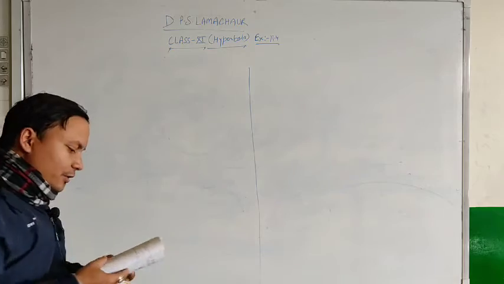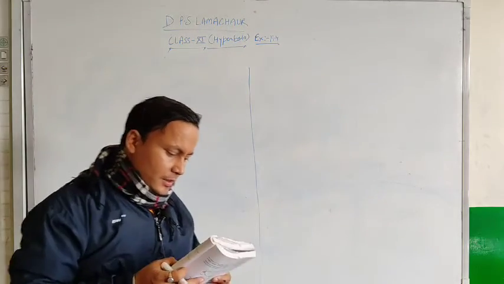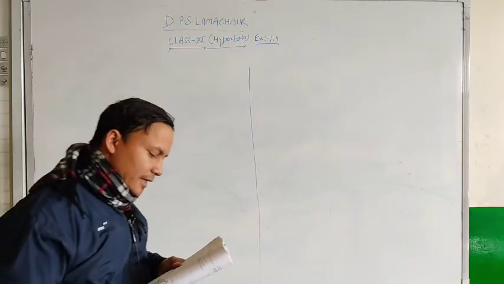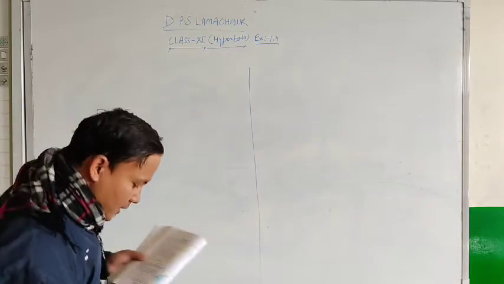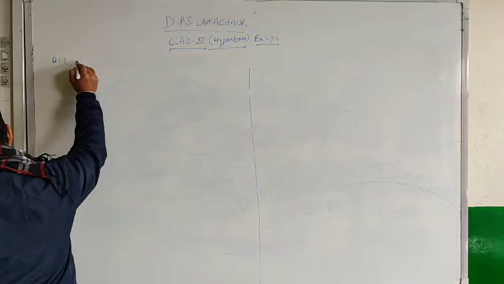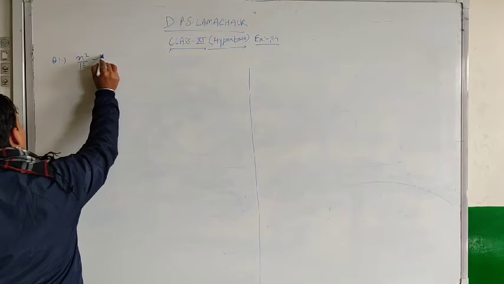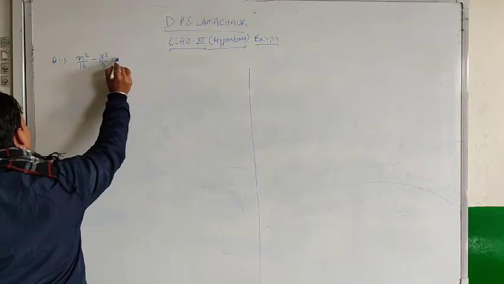In each of exercises 1 to 6, find the coordinates of the focus and the vertices, the eccentricity and the length of latus rectum of the hyperbolas, where the equation of the hyperbola is given. In the first question it is given as x square upon 16 minus y square upon 9 is equal to 1.